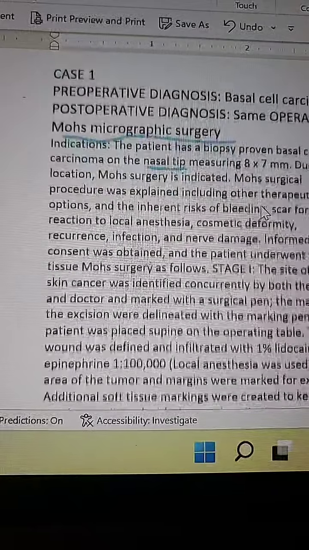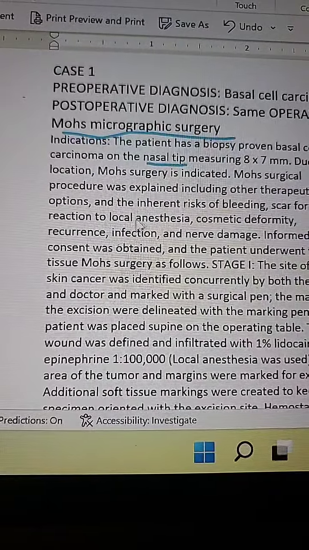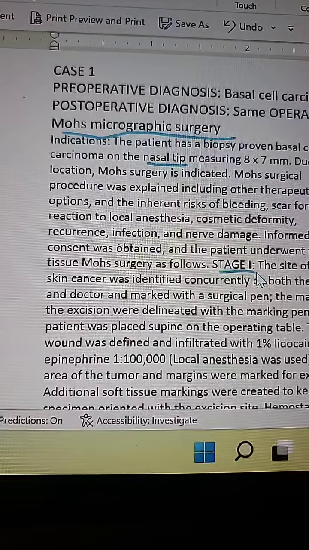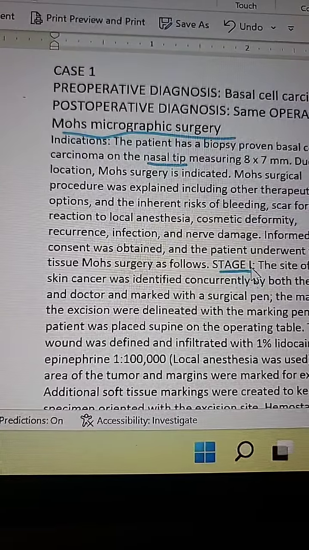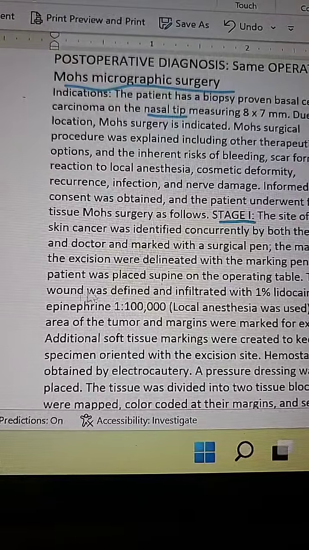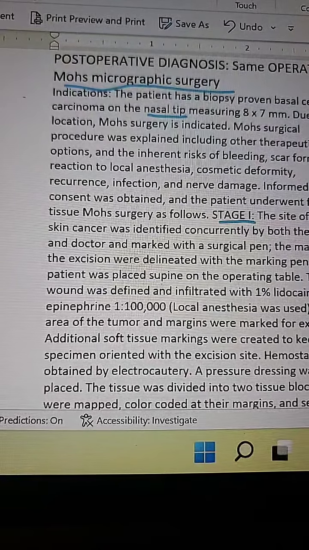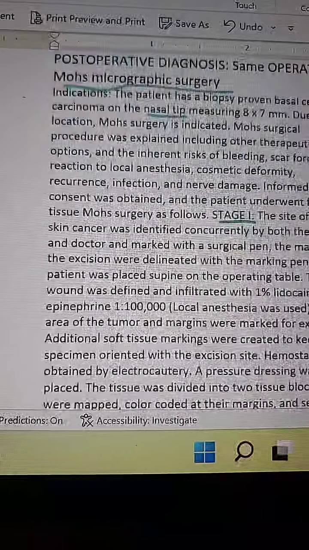This one, they only removed one thing from the body. There was only one stage, and then they cut up that stage into how many pieces? I know it's going to be less than 5 because we didn't need our 15 code.